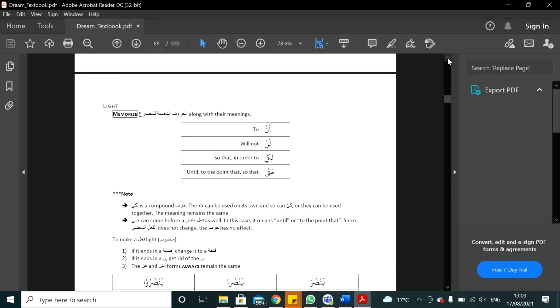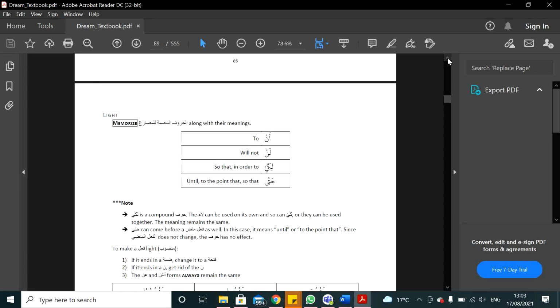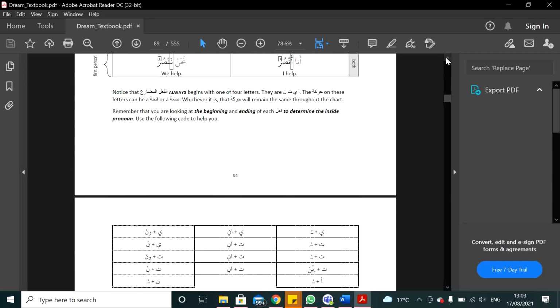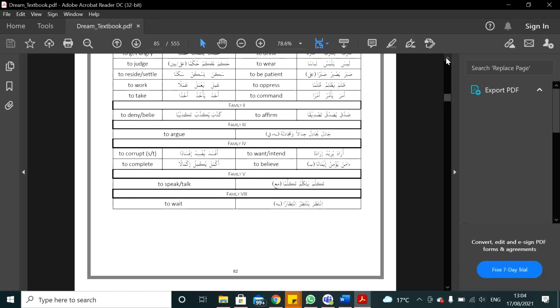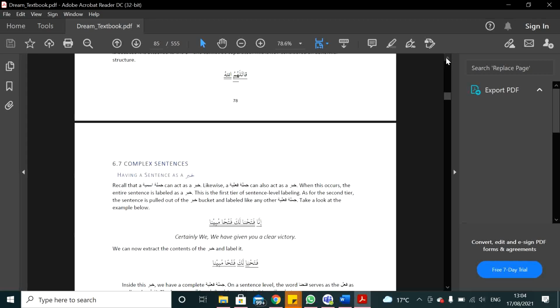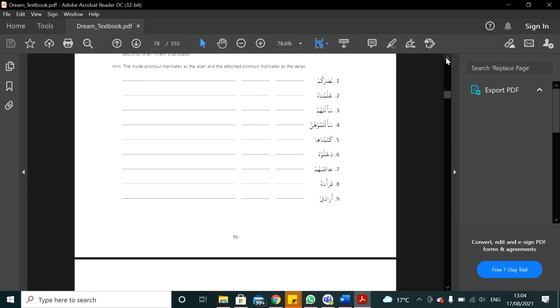And fi'l amr and nahi is commanding and forbidding, which is the imperative in English grammar. So today we will start with fi'l madi. So far so good? Okay. When we start fi'l madi, we are talking about the past tense.